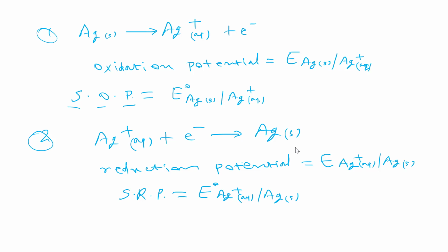Now I am writing a reaction for which you have to give the symbols for oxidation and reduction potential. The question is: Fe3 plus plus electron gives Fe2 plus, both aqueous.